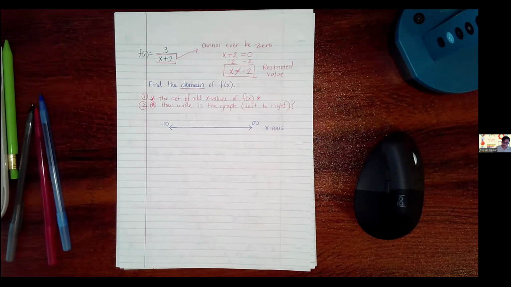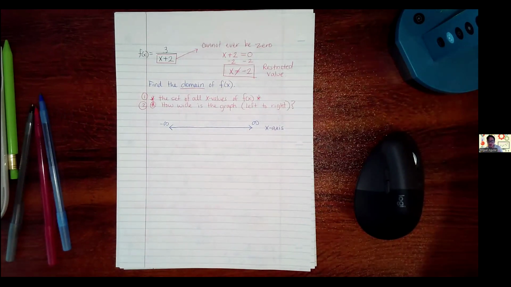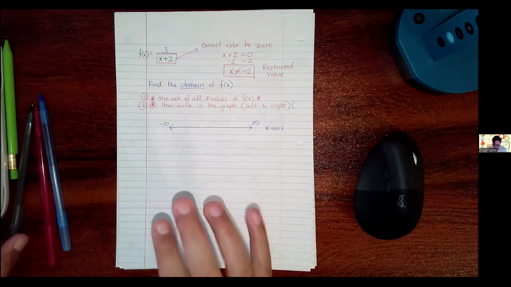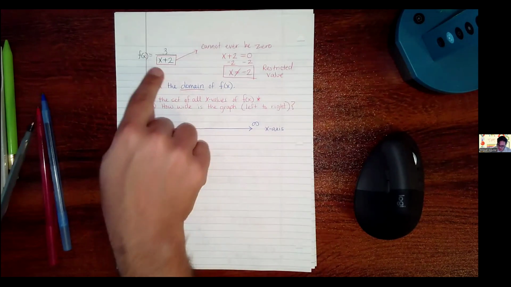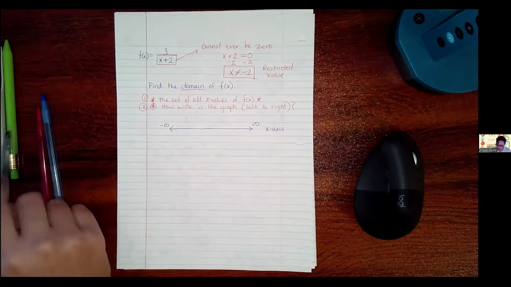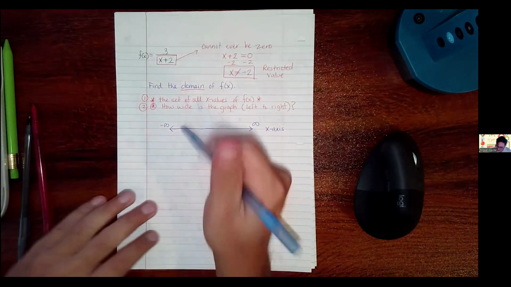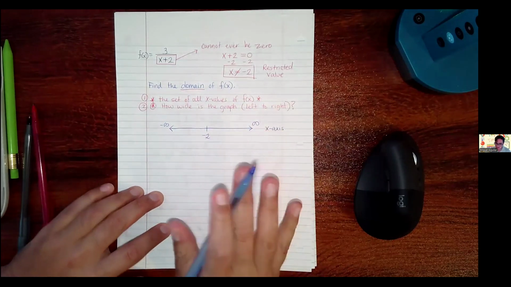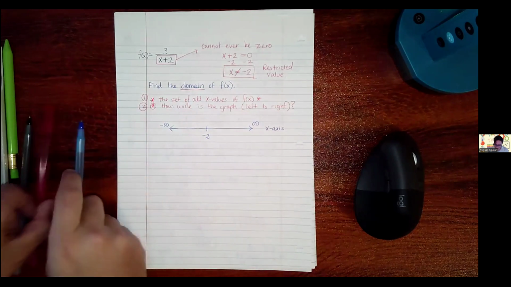Okay. Right now, I'm not concerning myself with range, so I don't really care about the y values, just the x-axis. But for this function, we said that we have a restricted value. And that restricted value is at -2. So I'm just going to put -2 in the middle of my number line.